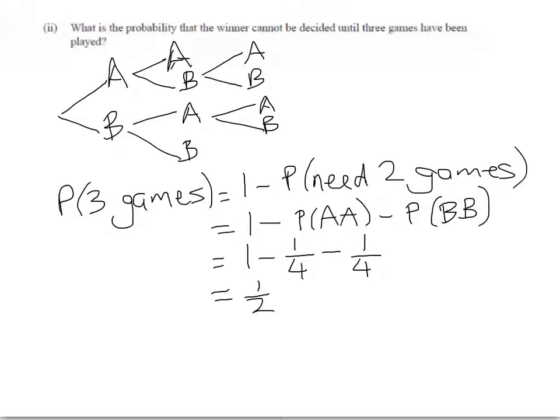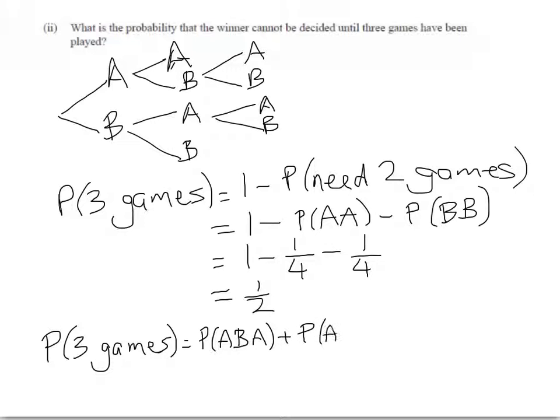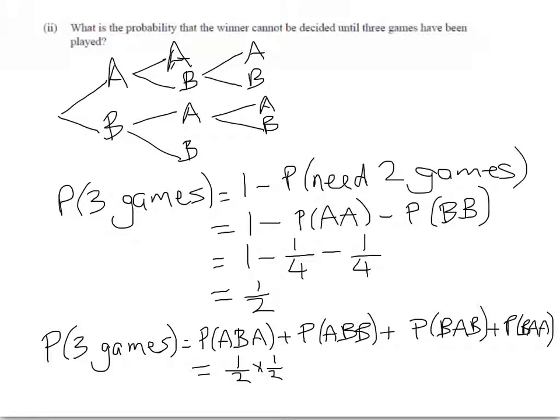Okay, the other way to work it out is to say directly the probability of 3 games comes from the probability of A, B, and then A, plus the probability of A, B, B, plus the probability of B, A, B, plus the probability of B, A, A. Now each of those is 1/8, 1/2 times 1/2 times 1/2.